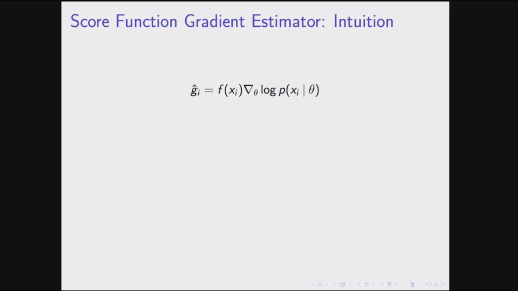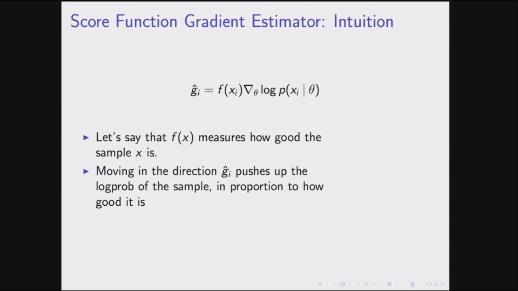Okay, so now let me give a little bit of intuition about this estimator. f of x is measuring how good the sample x is. So g hat here is our gradient estimator, meaning this is what we get if we take one sample x sub i and we compute our estimator. This is our estimate of the gradient.